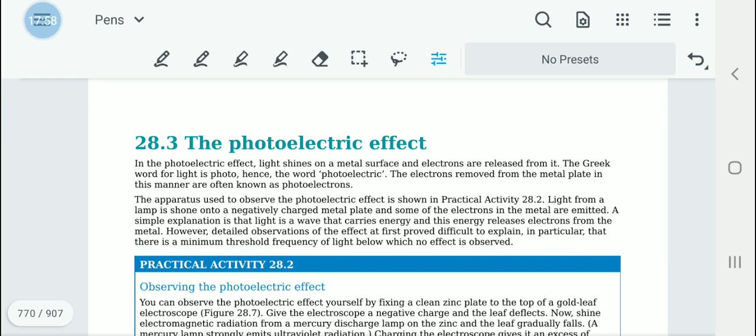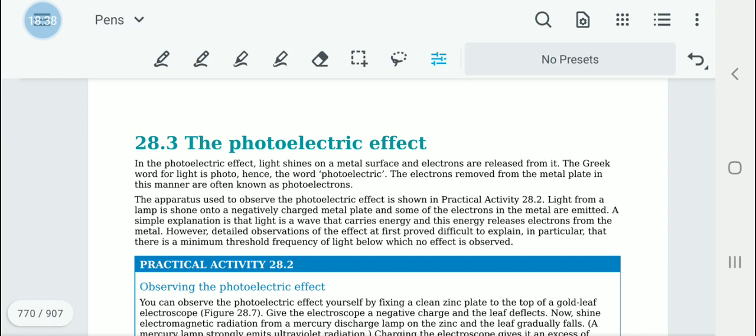When light carries energy, it is transferred in the form of a wave, and that energy gets transferred onto the surface and releases the electrons from the metal. This is not something easy to explain.